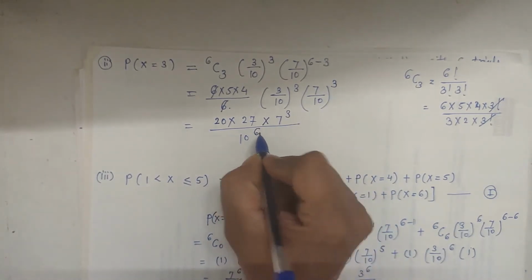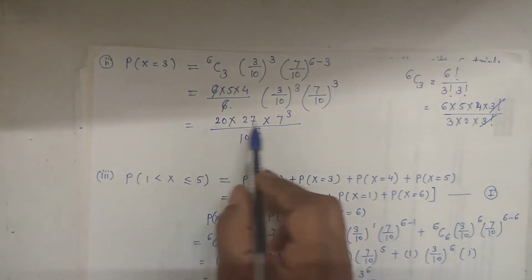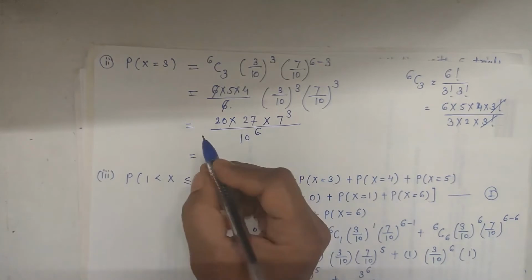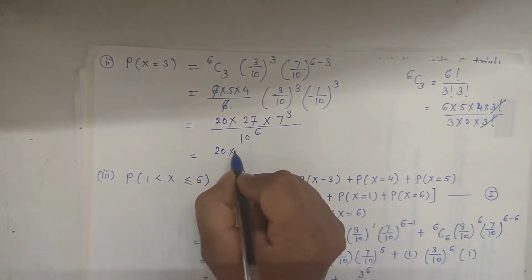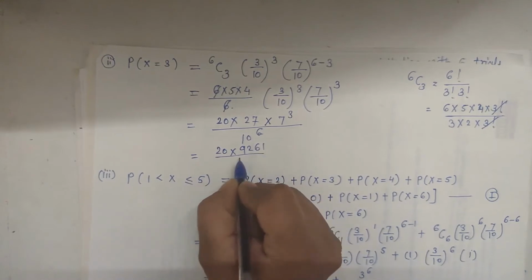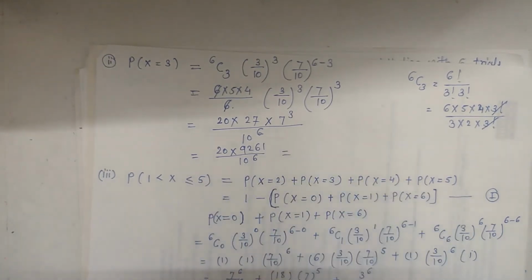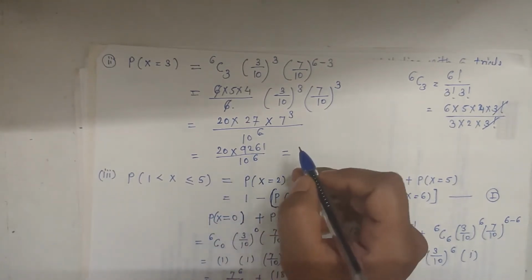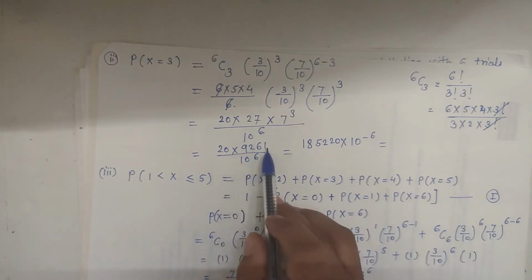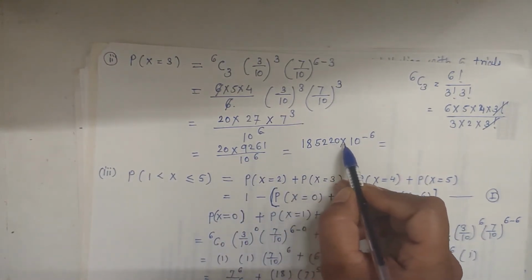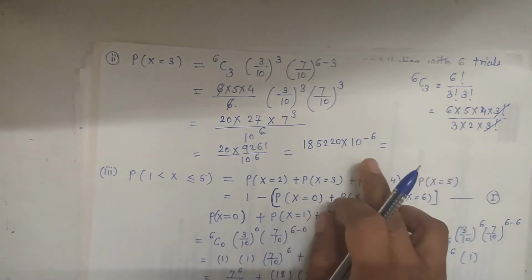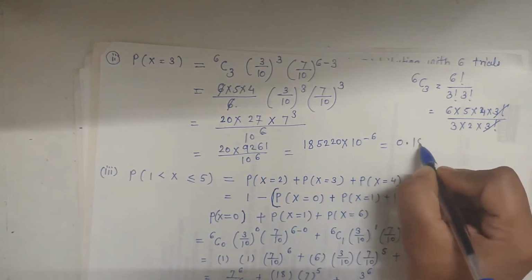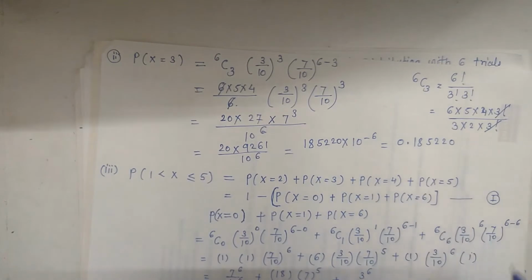3 plus 3 is 6. Now calculating this, 20 into 27 into 7 cube, we get 20 into 9261 upon 10 raised to 6. Calculating 20 into 9261 is equal to 185220 into 10 raised to minus 6, and taking the decimal point, we get the answer 0.185220.